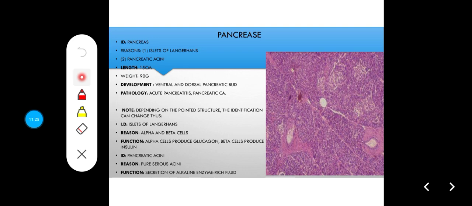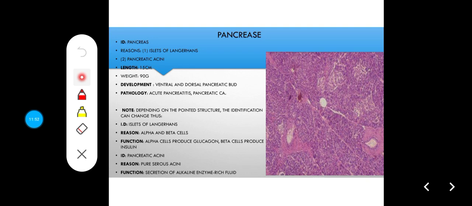Then depending on the pointed structure, the identification can change thus: islets of Langerhans, reason alpha and beta cells, function alpha cells produce glucagon, beta cells produce insulin, or the identification can be pancreatic acinar, reason purely serous acinar, function secretion of alkaline enzyme-rich fluid.